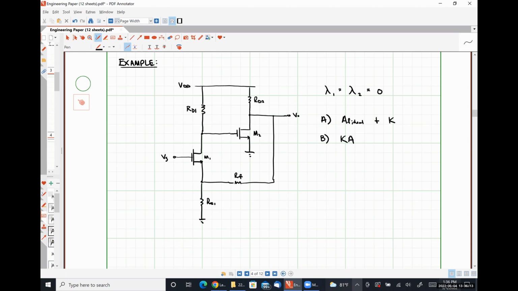So I am going to call this bit right here VI. Our degeneration resistor, RS1, the voltage drop across this guy is our feedback signal.